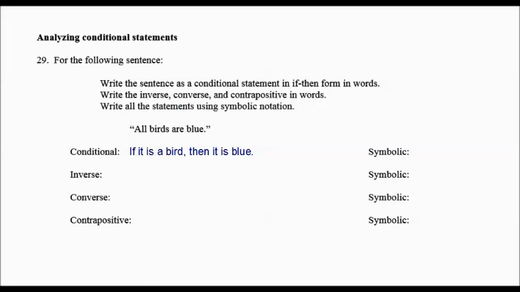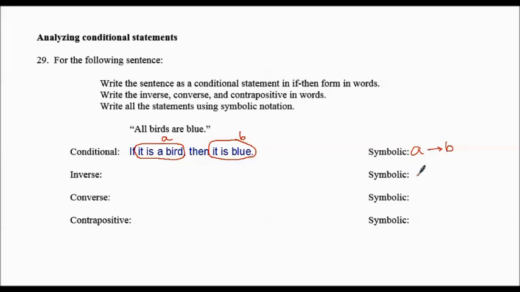The inverse, I'm sorry, I forgot to write the symbolic. So if we say it is a bird, let's call that A, and it is blue, let's call that B. Symbolically we can say that if A, then B. For the inverse, I'll actually write the symbolic first.